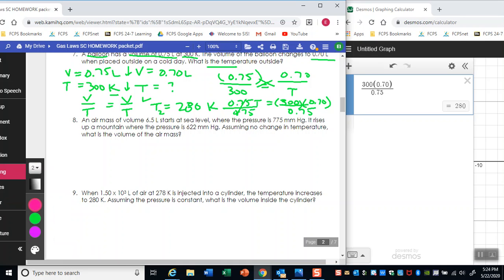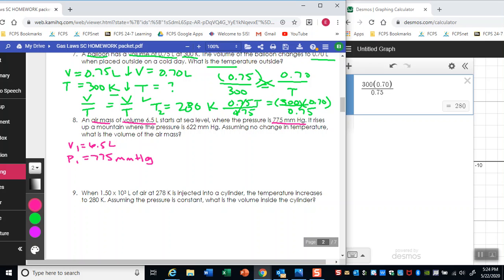Number 8, an air mass. So I've got my gas laws. Got volume of 6.5 liters at sea level, where the pressure is 775 millimeters of mercury.